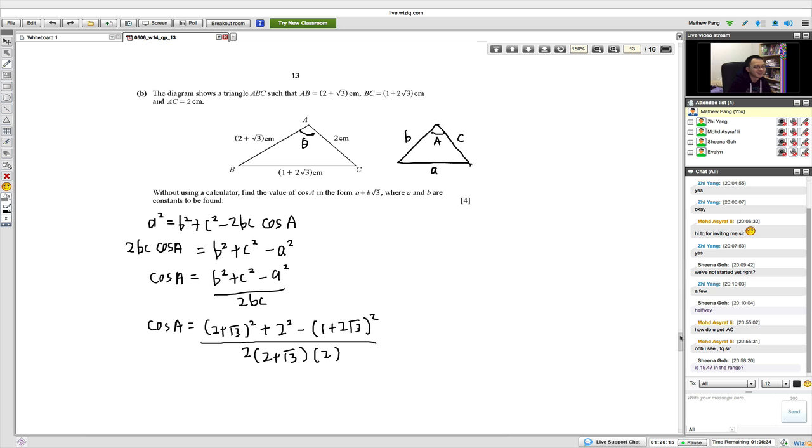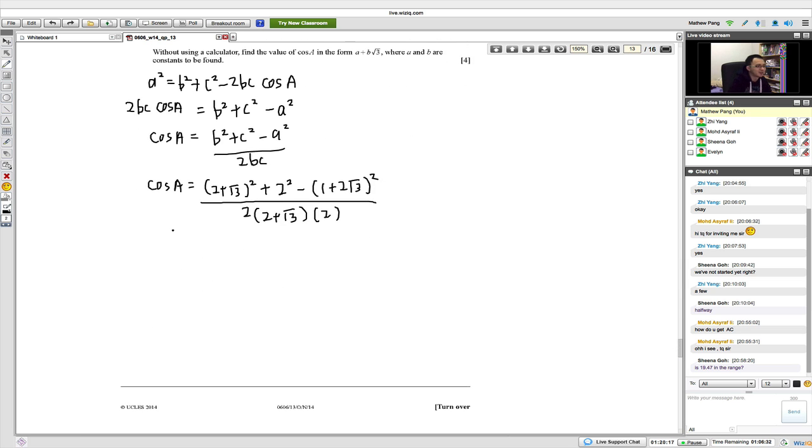So I will try to expand this one. I use red color because sometimes you will find it very confusing. This is 4, and then 2 times 2 is 4, so 4 plus 4 sec 3 plus 3.